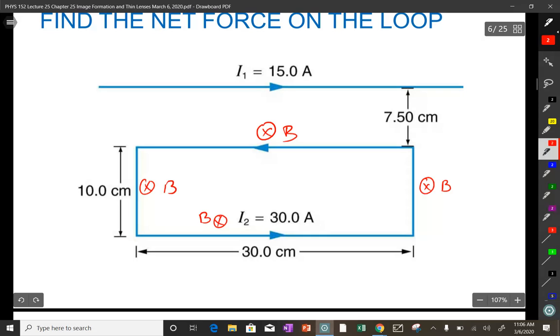And then for each piece of the wire, force is equal to IL cross B. And so you look at that and you say, okay, if I have a wire that's perpendicular, so a wire that's going like this, this wire here is perpendicular to the upper wire, then the angle between them is 0. That is between the magnetic field and the current, and thus the force is 0.